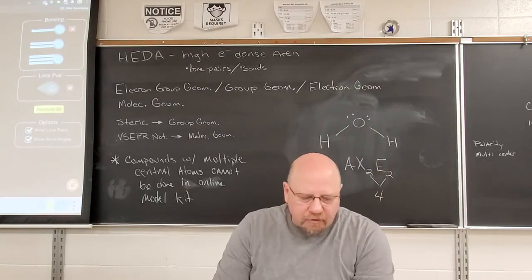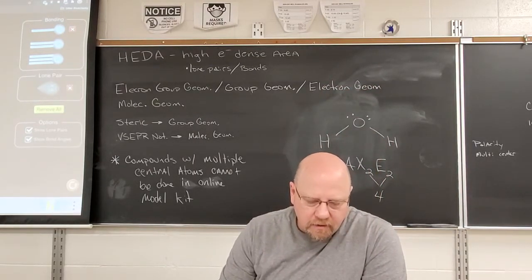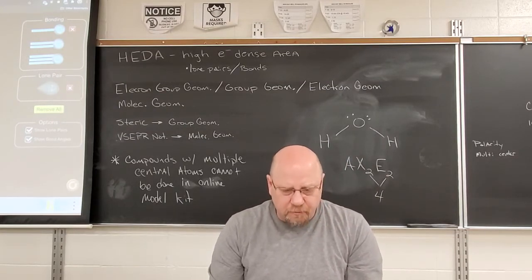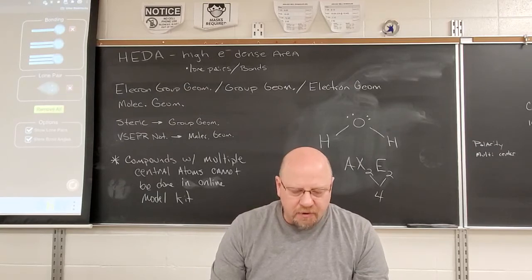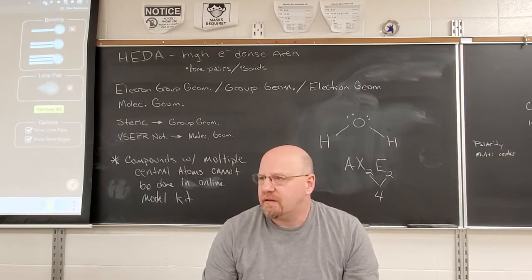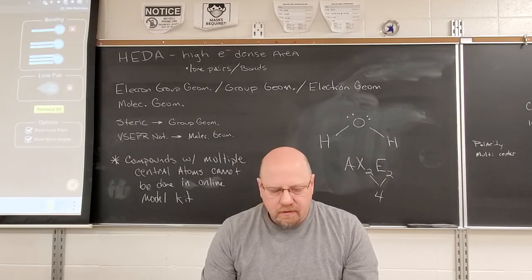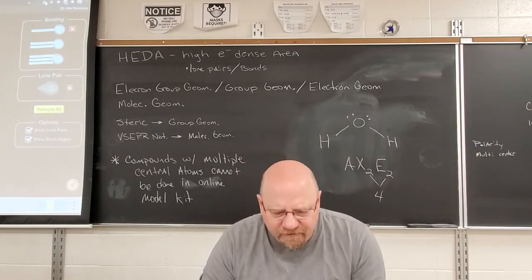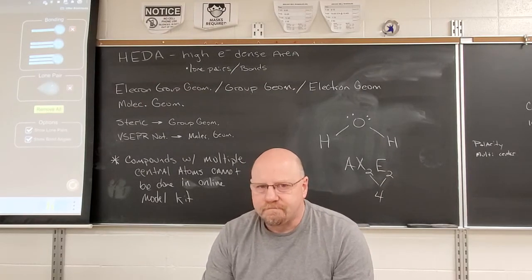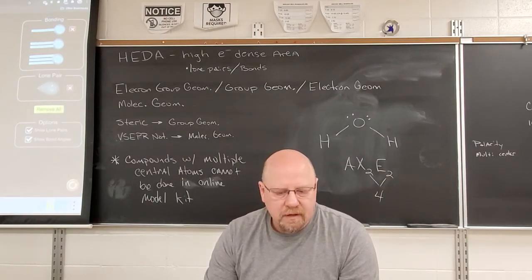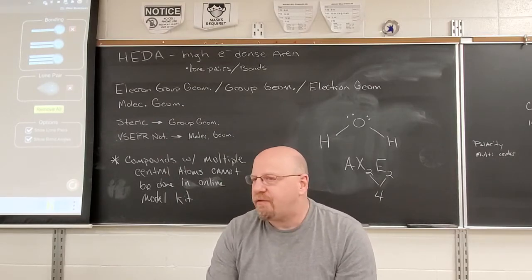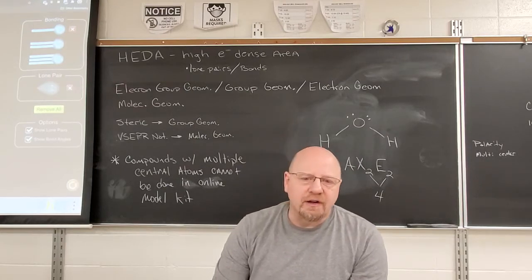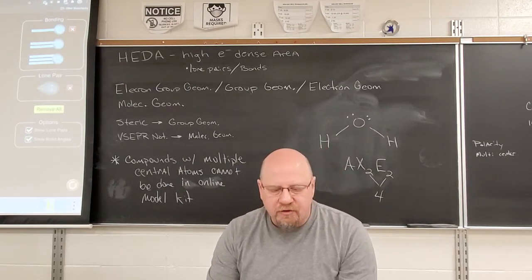So down in the bottom left, I'm going to turn on the electron and molecular geometry so we can see what those are. And we can see that they're different. In this molecule, I've got 4 high electron dense areas. They're all going to be 109.5 degrees away from each other. The basic structure is what we call a tetrahedral.